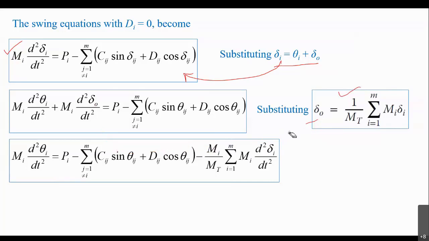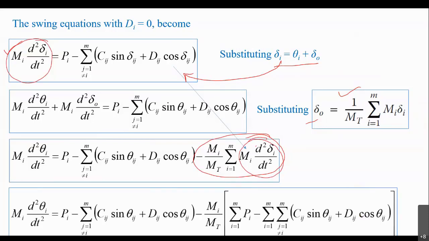So after substituting, we'll get one more term, that is Mi by MT, sum of Mi d square delta i by dt square. Just substituting this term instead of Mi d square delta i by dt square, you will get this expression.